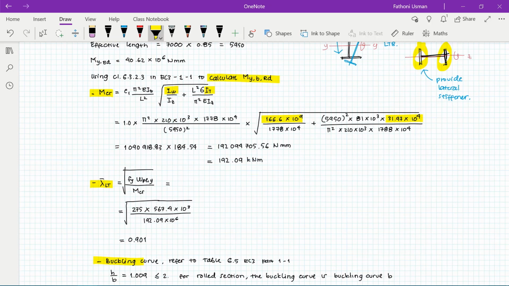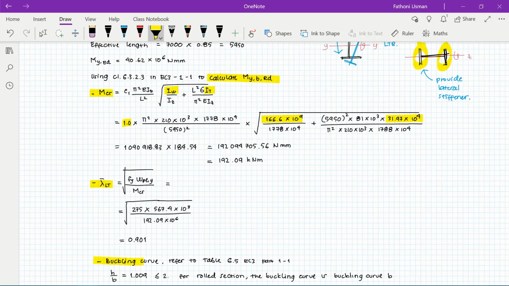expression, and then the value of C1 equals 1 in this case, because the bending moment that occurs on the column is the nominal bending moment. No lateral force acting induces bending moment to the column.